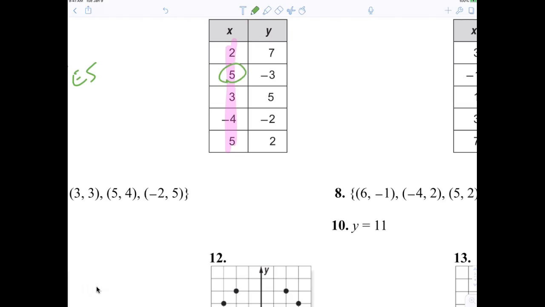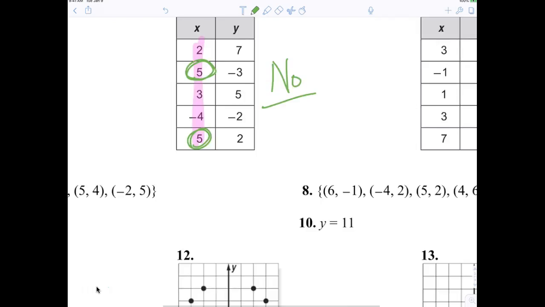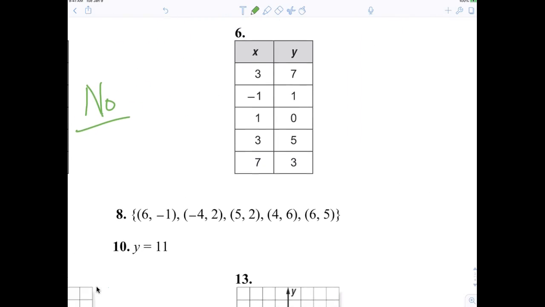Because x values are listed twice, so it's definitely a no. Yes or no? No. Somebody tell me why no. Tell us. 2 3s. Beautiful. Everybody happy with that? All right, let's go down here.